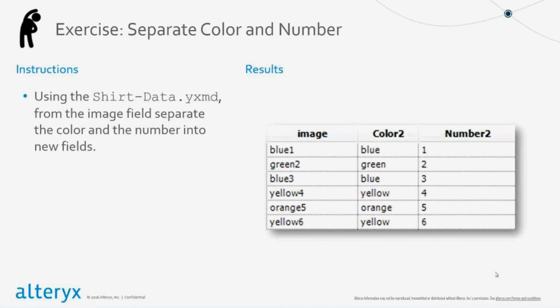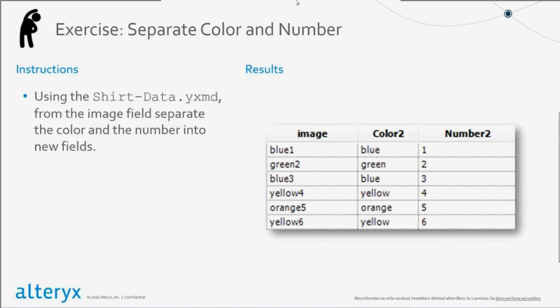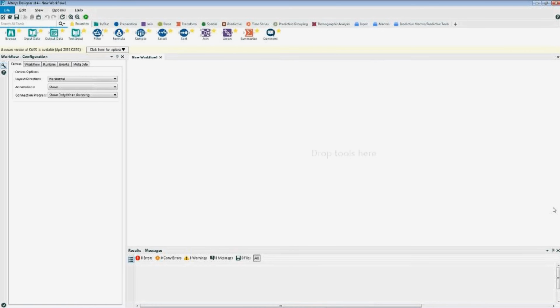And you're welcome to play along at home if you have the file. Again, our data file here is shirt-data.yxmd, which should have been one of the files that was in that Dropbox link that I sent out earlier this morning.